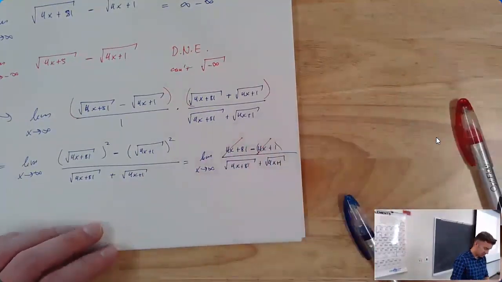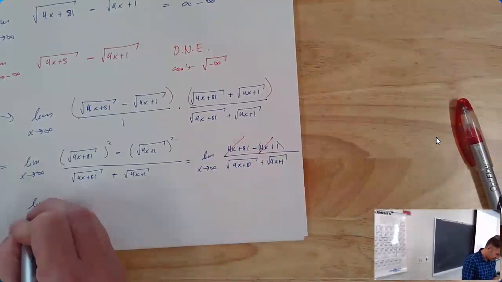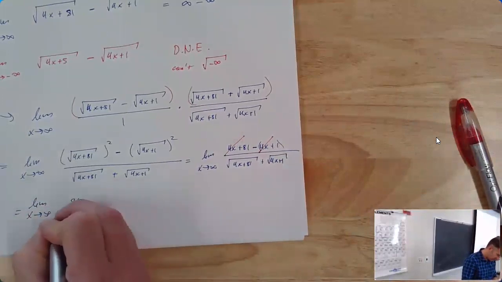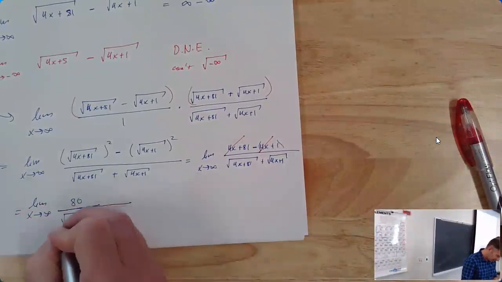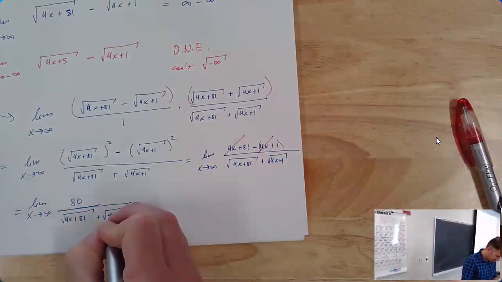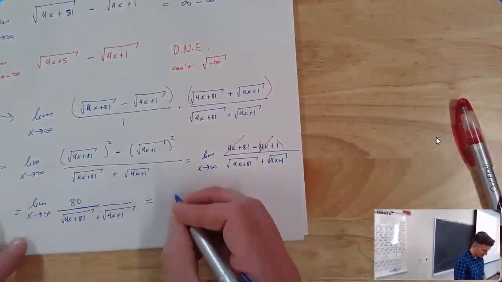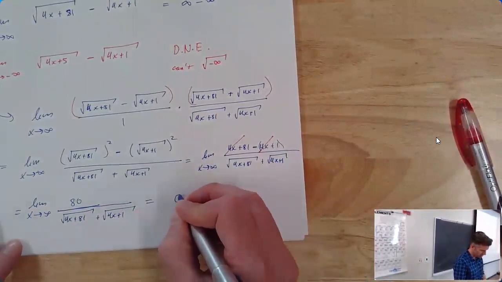We're left with the limit as x goes to infinity of 80 over all this stuff. And now we should be able to say what this limit is without doing really any more work. The top's a constant, and the denominator is getting larger and larger, so something over infinity is going to go to 0.